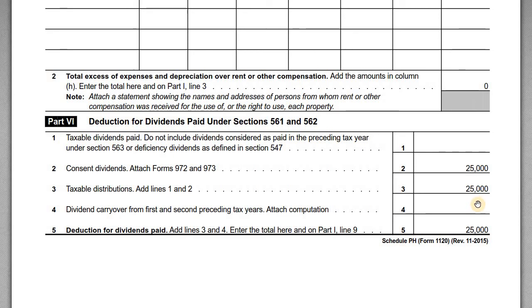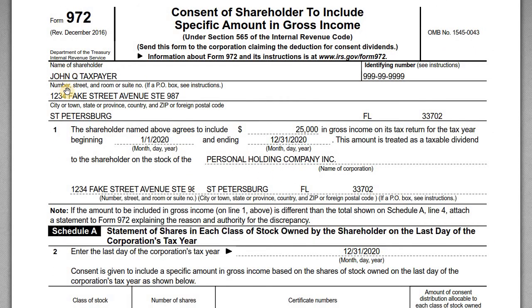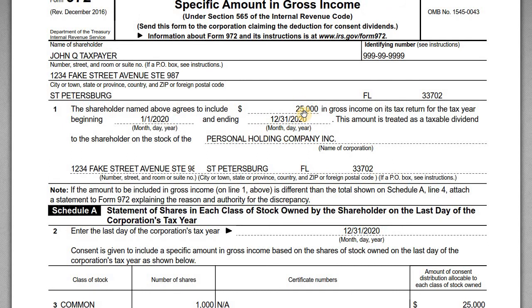Now, for the shareholder, what do they do with this $25,000? The shareholder here, John Q. Taxpayer, when he does his Form 1040, he needs to report $25,000 as dividend income. So on his Schedule B, where he indicates interest income and then dividend income, he's going to have a line item for $25,000 of dividend income from Personal Holding Company, Inc. Right? That's very important, right?